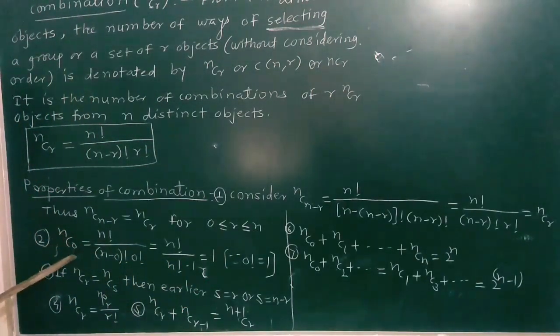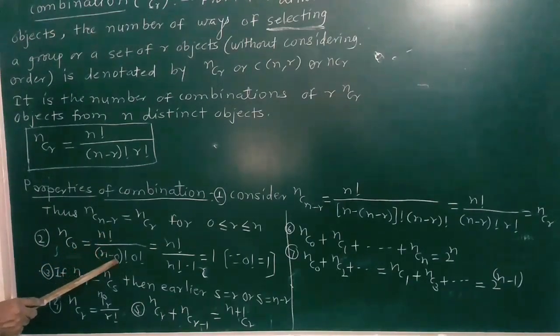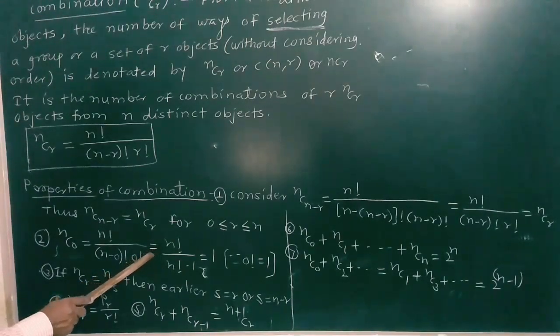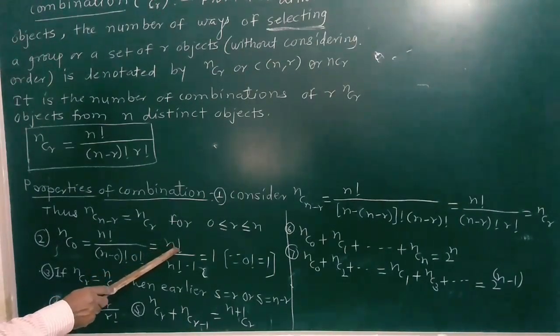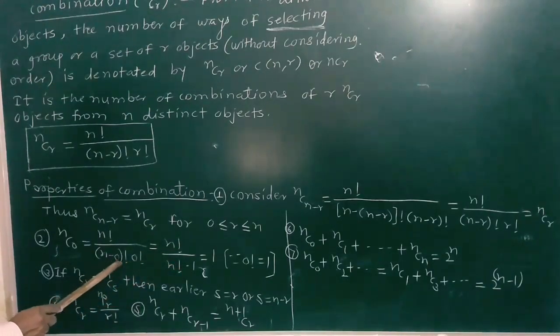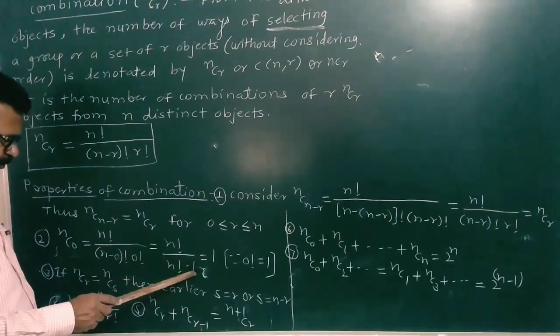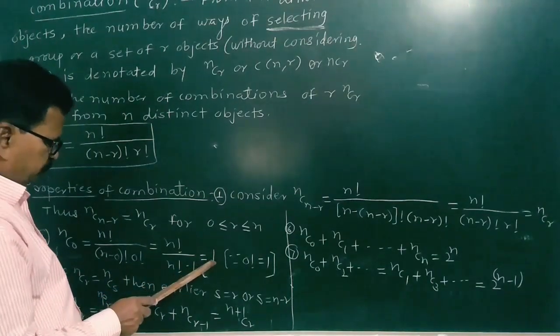Second, nC0 is equal to n factorial upon (n minus 0) factorial into 0 factorial. n minus 0 factorial means n factorial, 0 factorial means 1, so it is equal to 1.